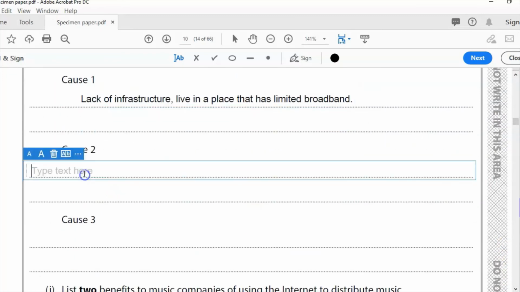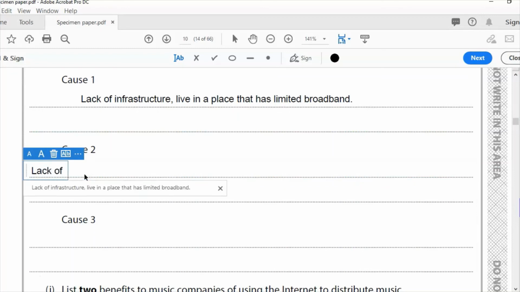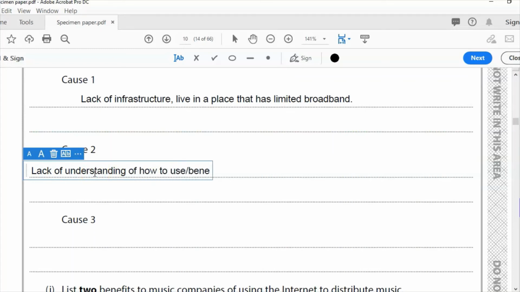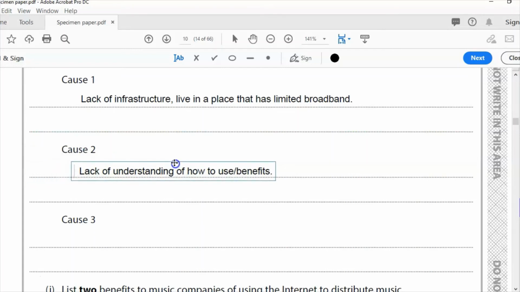Cause 2, the old classic here, lack of understanding of how to use it and its benefits. So we can all think of someone, maybe an older person, who could save loads of money.